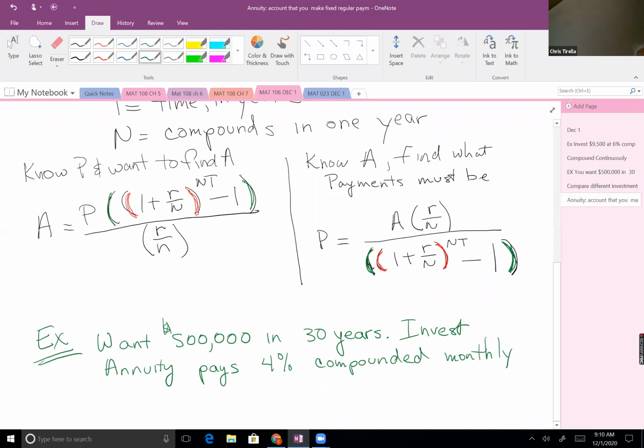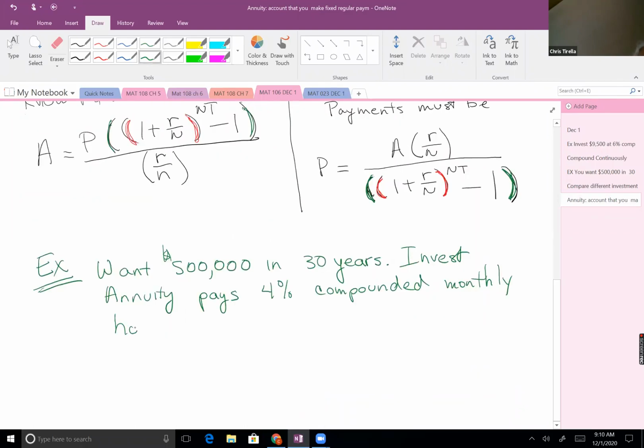How much should we contribute every month? And again, with these, we want to round up, and let's do it to the nearest dollar.